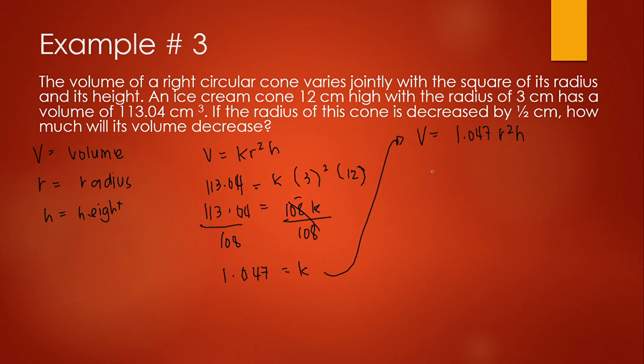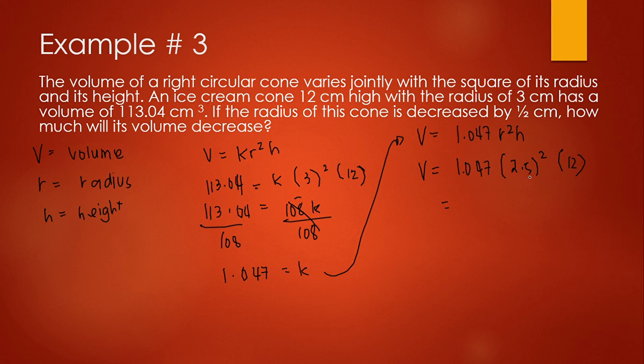So let's just substitute the unknown value. 1.047, your R would be 2.5 already because 3 less than 1/2 would be 2.5. Then do not forget the squared, and H would still be the same. Next, you may plug it into your calculator.